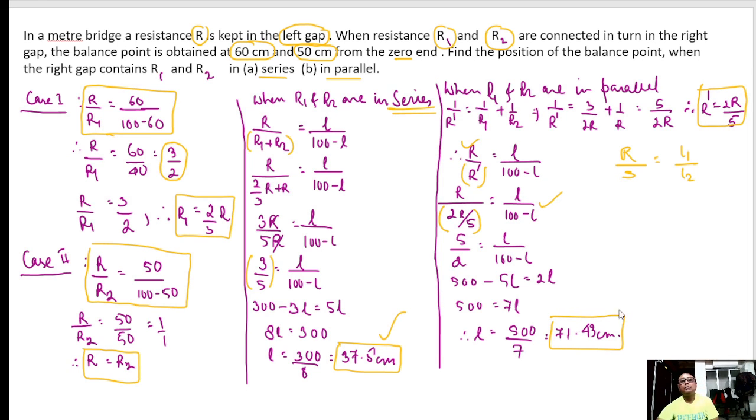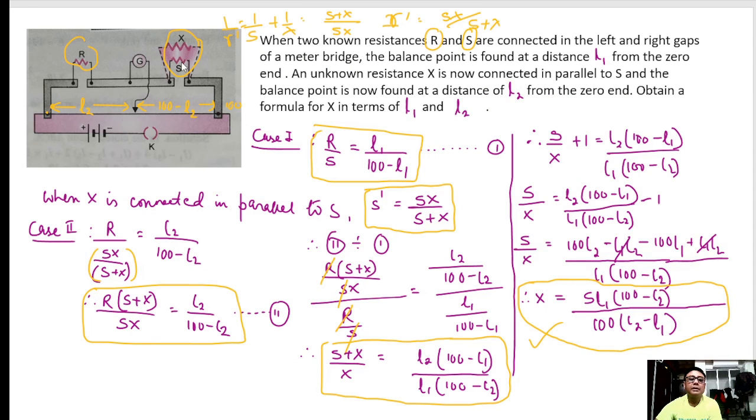So first of all we found R1 and R2, then they are telling, please watch this figure. Suppose imagine this is your R1 and this is your R2, and if you connect them in parallel, what is the balance point? If you connect them in series, what is the balance point?